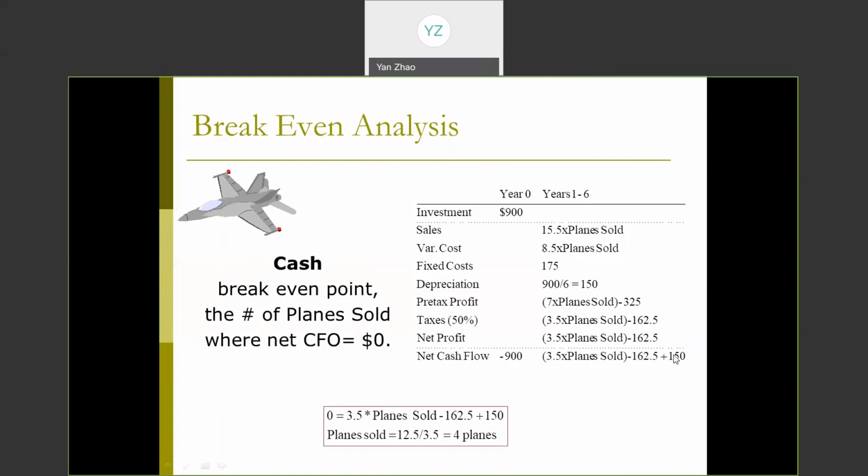The net cash flow, the CFO. We have again one equation, one unknown variable. You can back it out, 4. It basically says as long as you can sell 4 airplanes, your net operating cash flow will be a positive number.